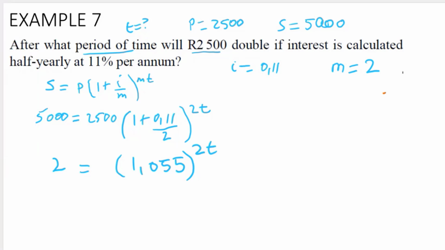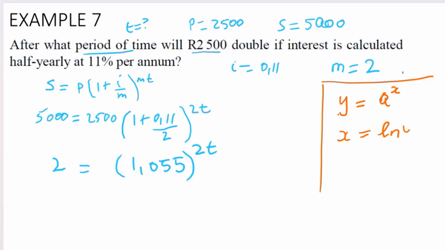So doing logarithms now, we know if ever you've got y is equal to a to the power x, using the logs we say now x is equal to the natural log of whatever you find on this side, divided by the natural log of the base that you started off with.